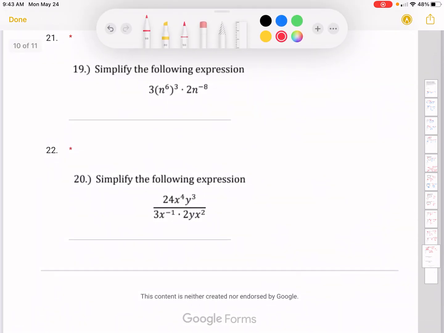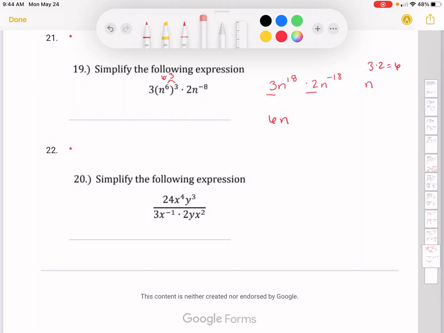This next one's going to combine several of the rules. So first here, you're going to do 6 times 3. So that becomes 3n to the 18 times 2n to the negative 8. And then we can multiply 3 times 2. 3 times 2 is equal to 6. And then for n, sorry, this should be a negative 8.